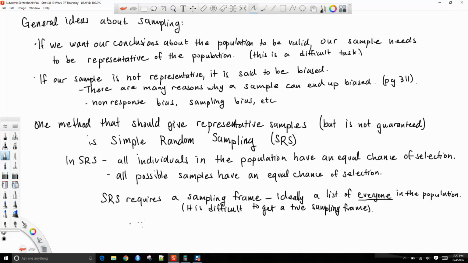Just use a random device, maybe a computer that gives you random numbers. Use a random device and select people from the sampling frame one by one at random.